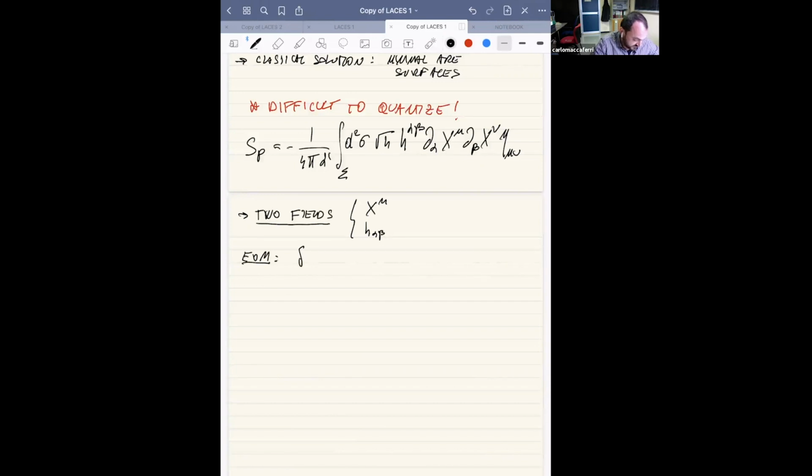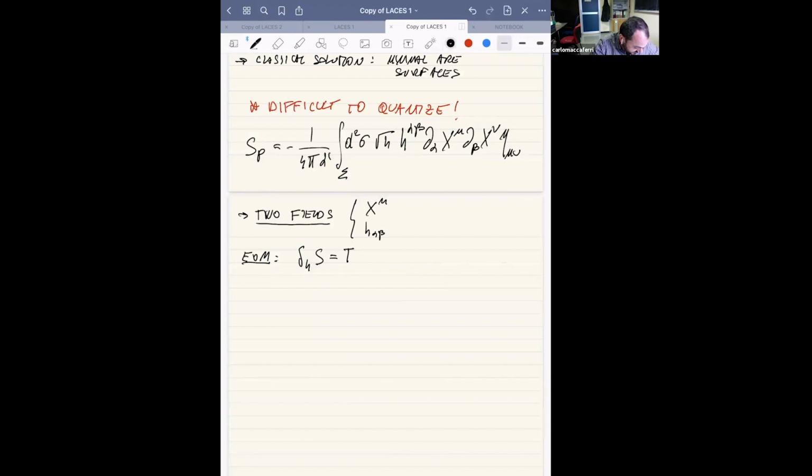So now I will have equations of motion. I can first vary the action with respect to the metric, and since this is a generally covariant action, this will give me the energy momentum tensor of the theory.